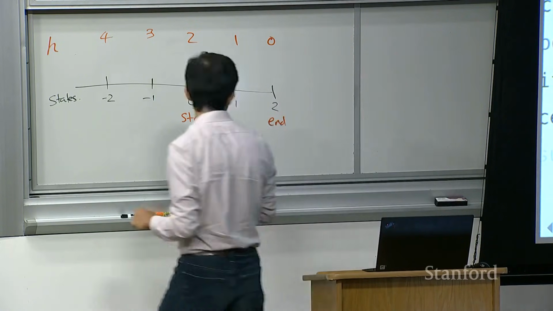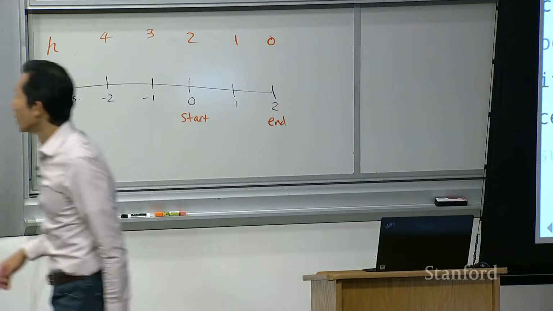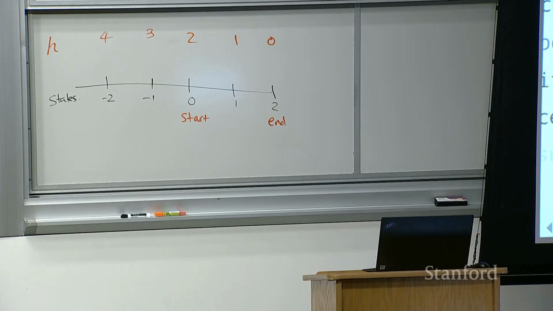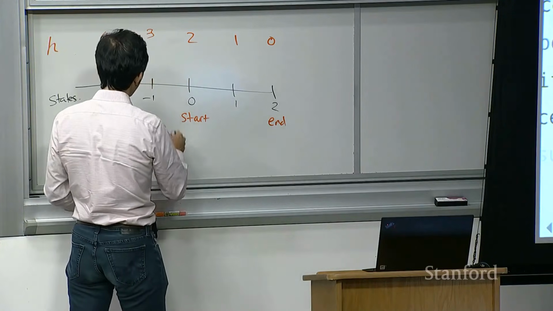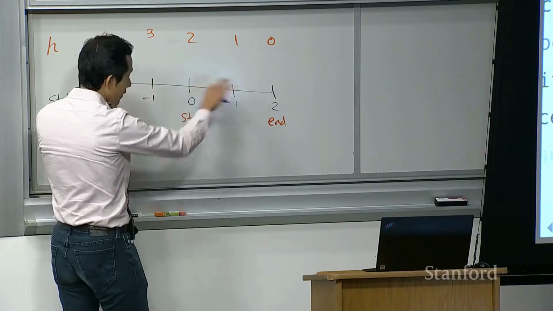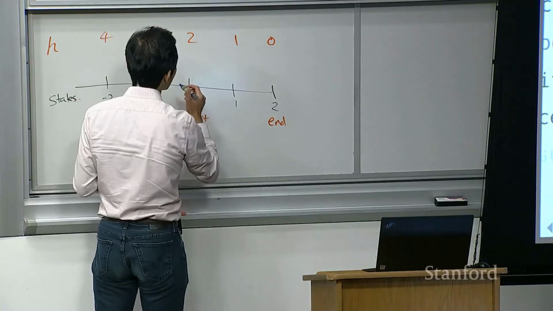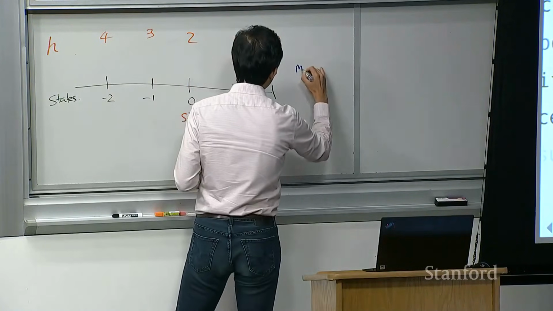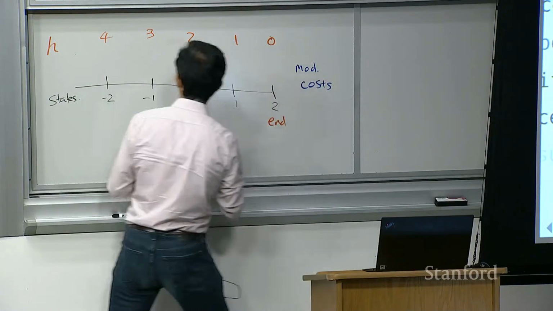In the original problem, everything has cost 1. But in the modified problem, I'm going to use blue to denote modified costs.